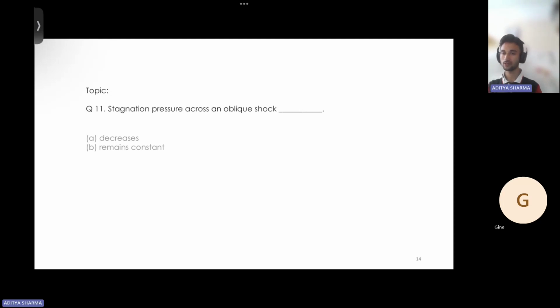So I have mentioned about expansion waves. What happens to the stagnation properties in case of expansion waves, which is they remain constant, right? But what happens in this case? Please let me know. Decrease. Decreases. All right. Yes, you're right.